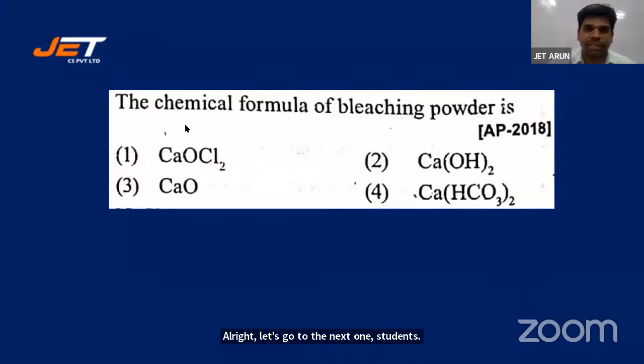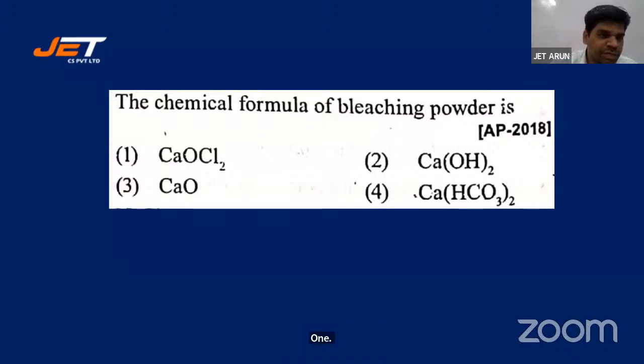The chemical formula of bleaching powder is CaOCl2, Ca(OH)2, CaO, Ca(HCO3)2. Sai Charan says 1. Good, good, good. Pavan says 1. Shivkumar says 1.